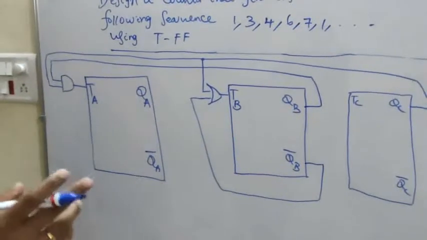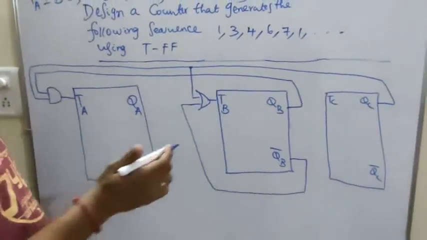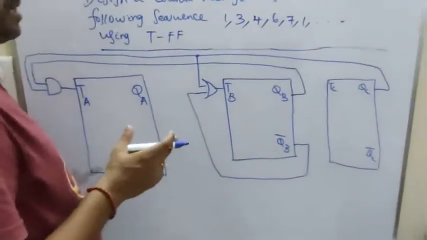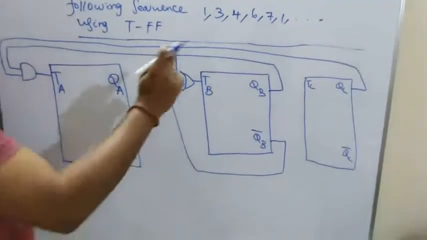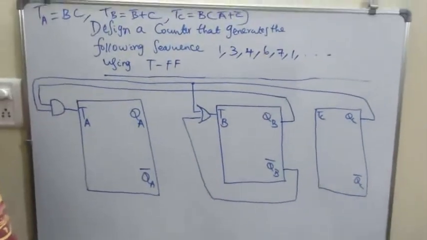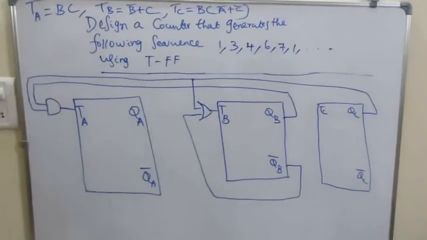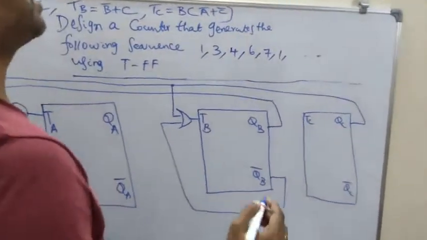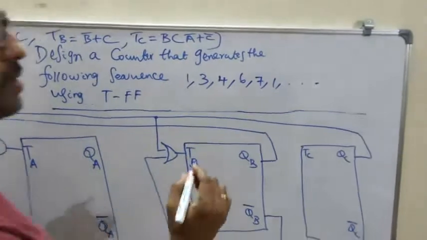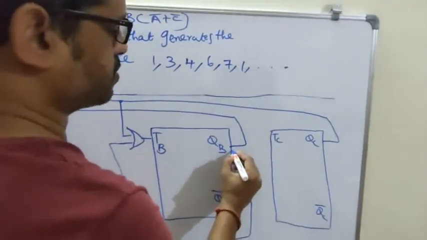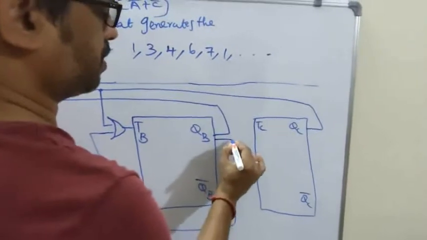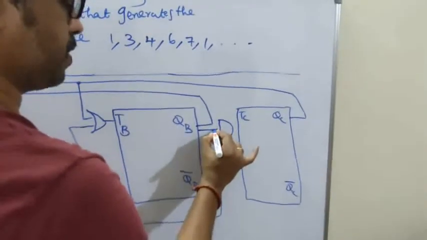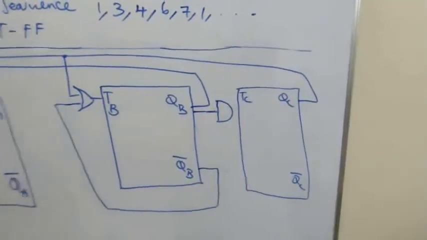Once again, you should not misinterpret that. We should take the normal output of B and then give it to an inverter for B dash. Or we can directly take it from the complemented output of B. Then what is TC? TC is B into A dash plus C dash.